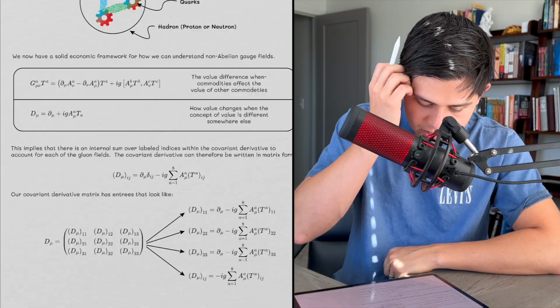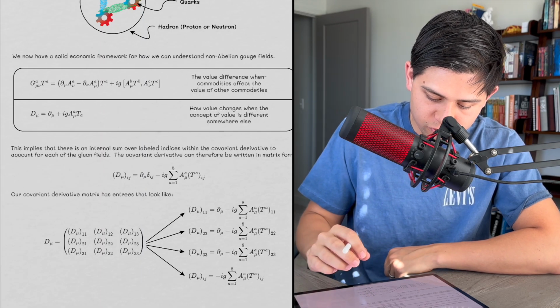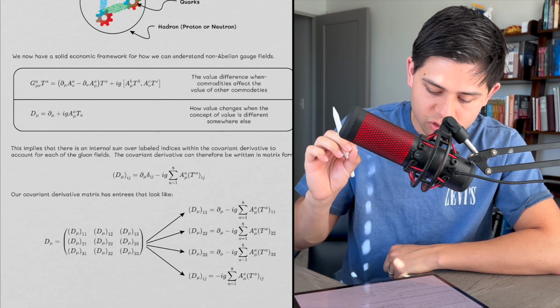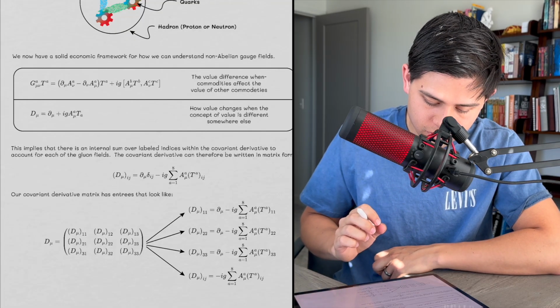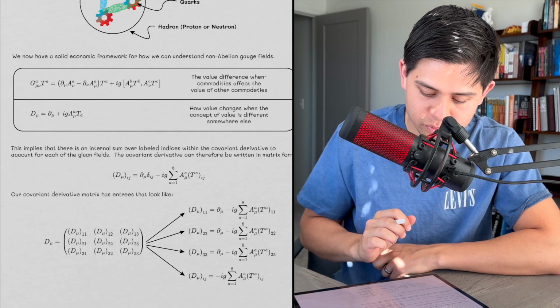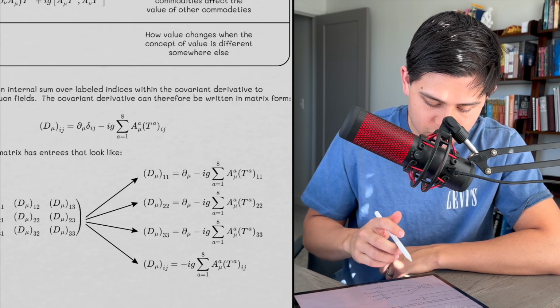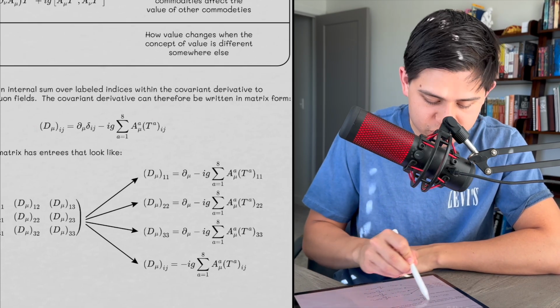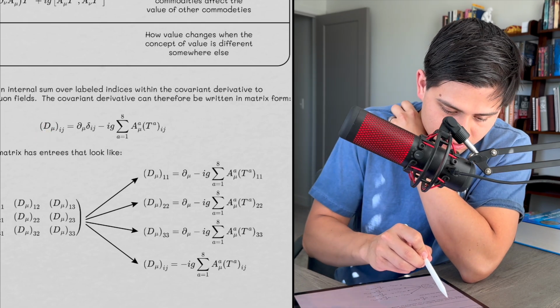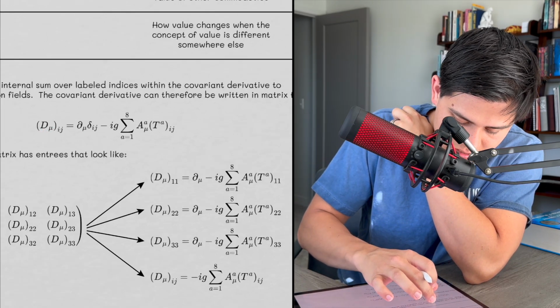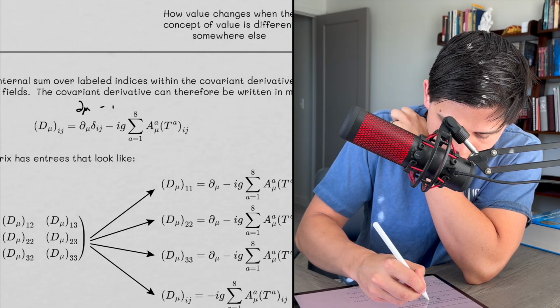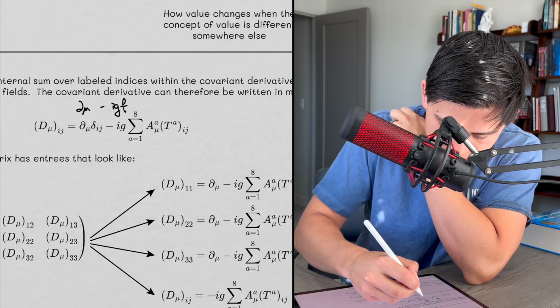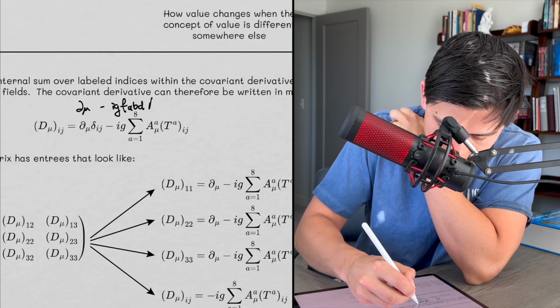This implies that there is an internal sum over labeled indices within the covariant derivative to account for each of the gluon fields. The covariant derivative can therefore be written in matrix form. So this is in matrix form, right? Because our original covariant derivative was d mu minus i g f a b d a d.